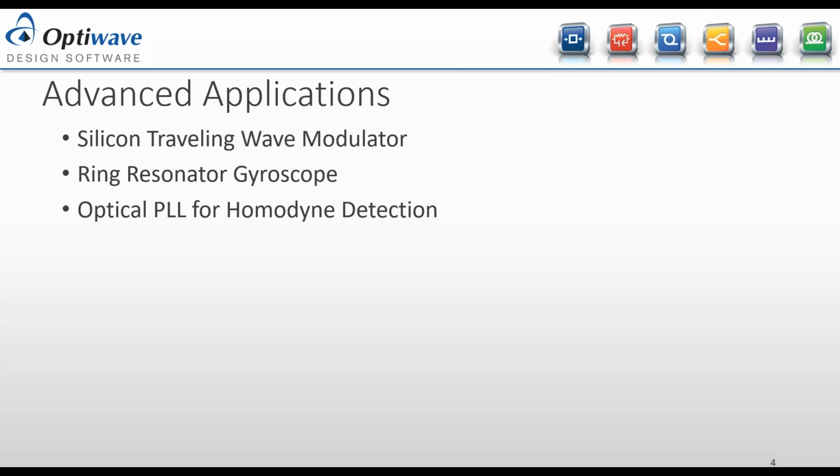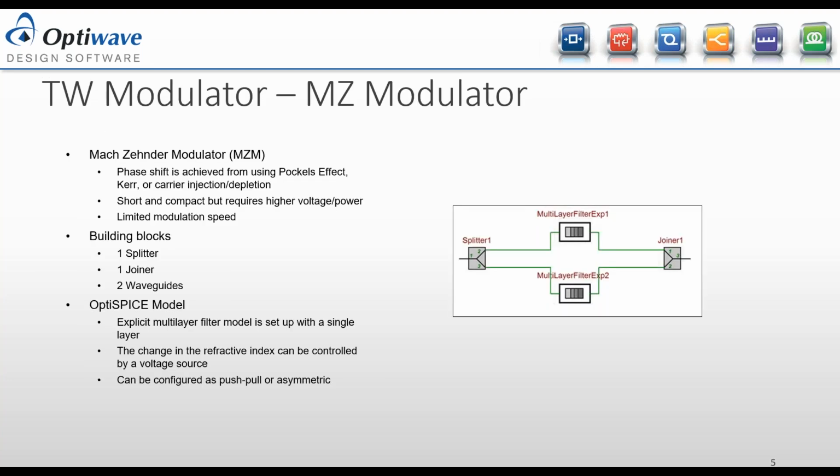It uses the Sagnac effect, which we will discuss in detail, but it's a very sensitive gyroscope, and we can simulate this on OptiSPICE. Finally, we're going to be looking at a telecommunication example, where we're going to be doing a phase lock loop, an optical phase lock loop for homodyne detection of a BPSK, binary phase shift keying signal.